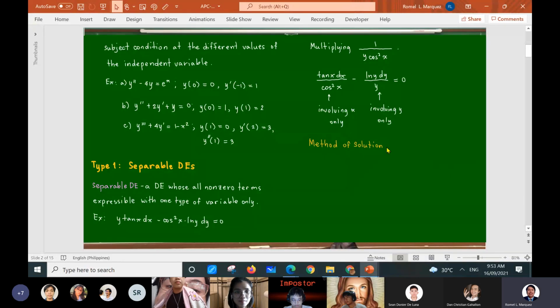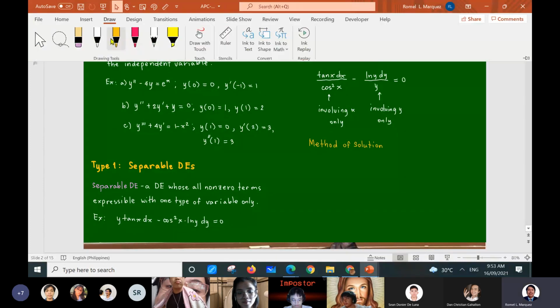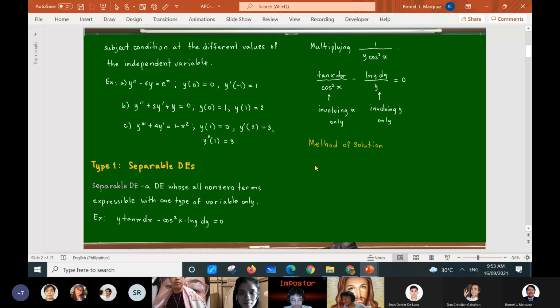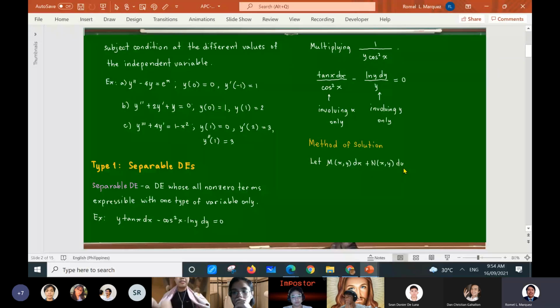So we have, let M of xy dx plus N of xy dy equal to 0 be a separable differential equation.